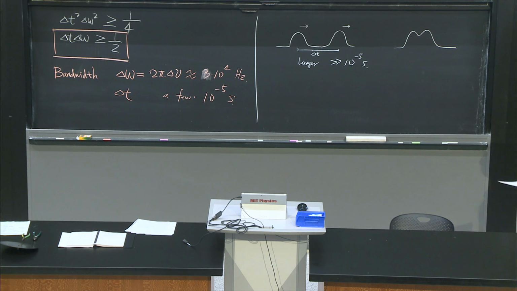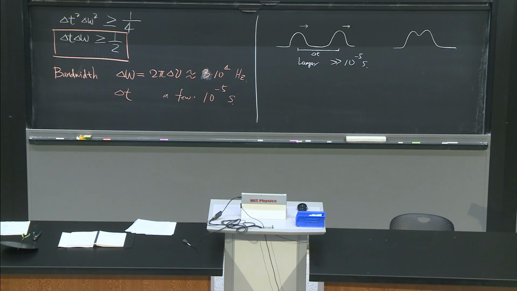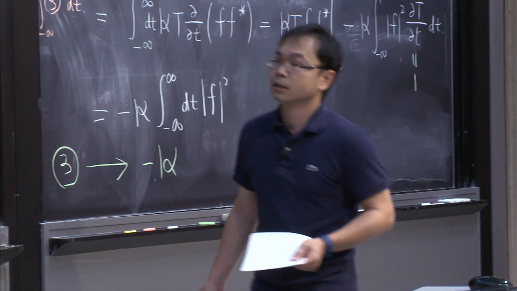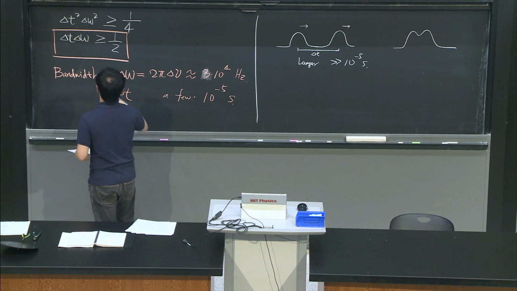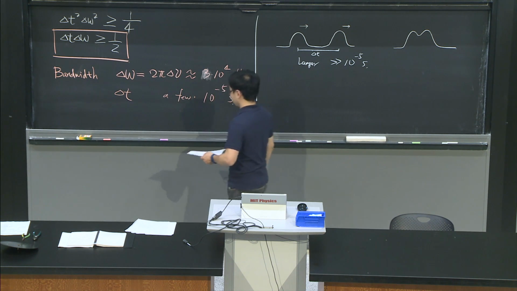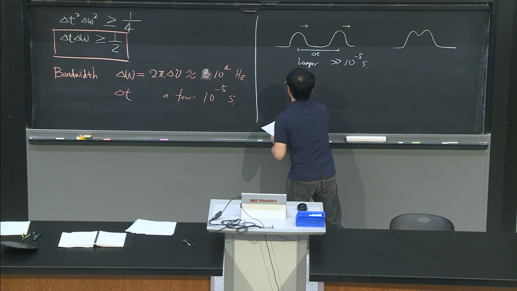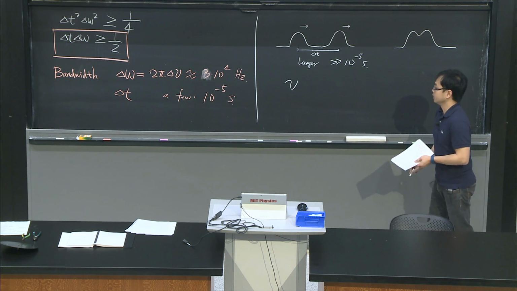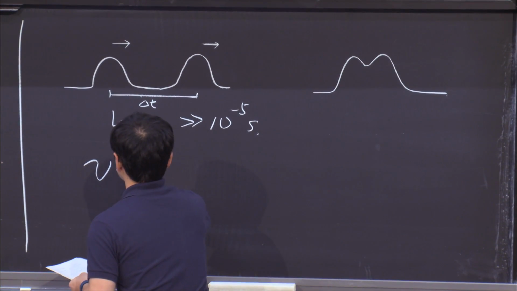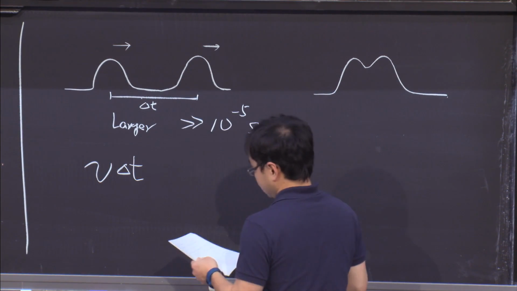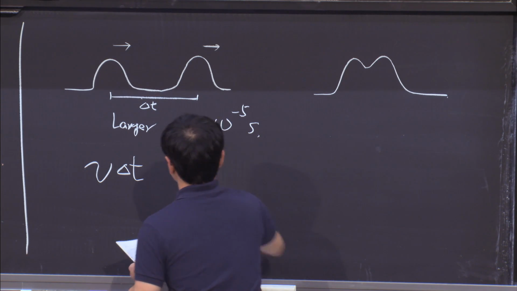Okay? Before we take a break, I would like to make a connection to quantum physics. So if I look at this delta t times delta omega greater than or equal to 1/2, I can rewrite it. I can multiply t by velocity v, and I get v times delta t, and I can have omega divided by v.